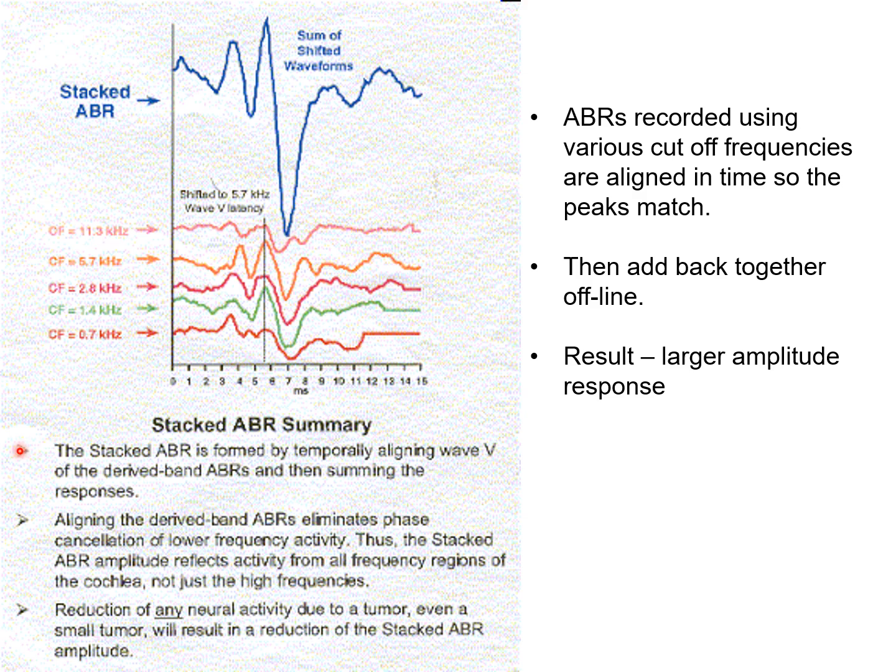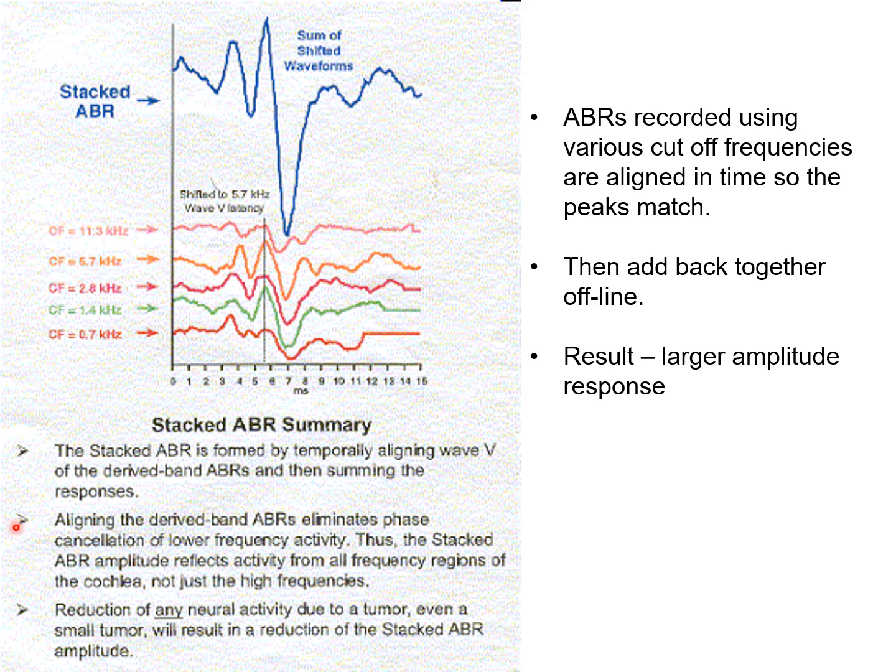So the stacked ABR is created by temporarily aligning wave five for all the derived band ABRs, and then adding all the response waveforms together. Aligning the derived band ABRs eliminates phase cancellation of lower frequency activity.